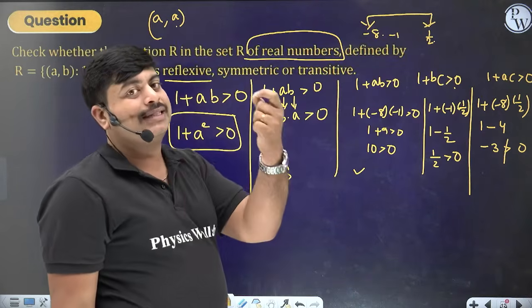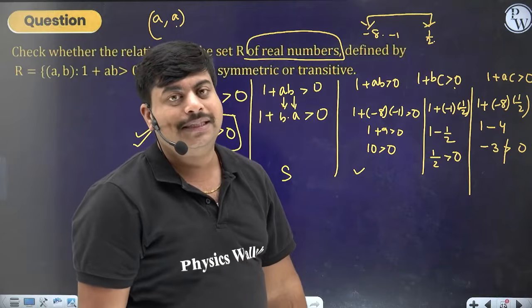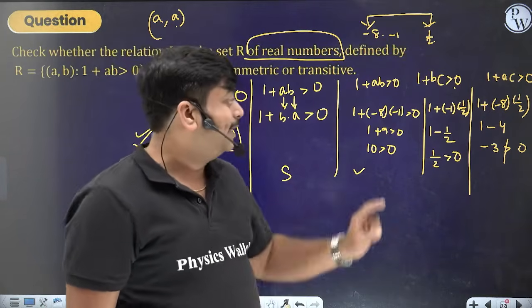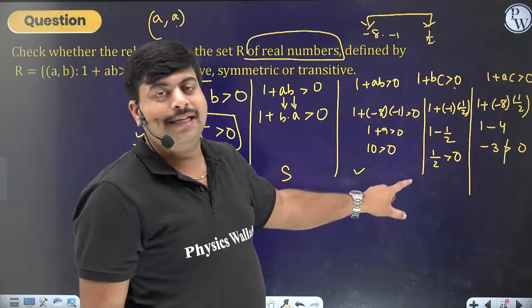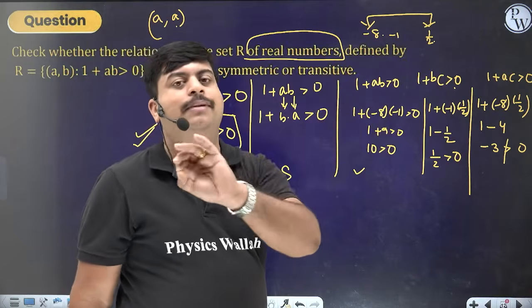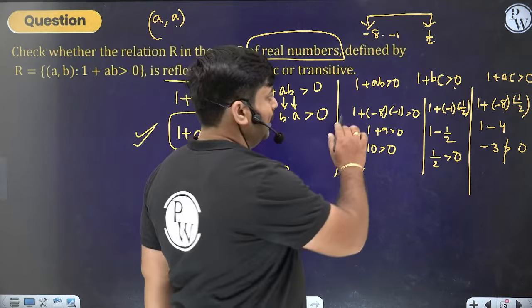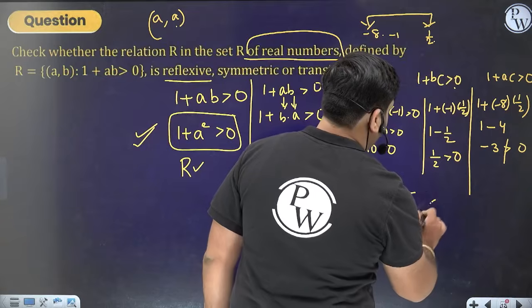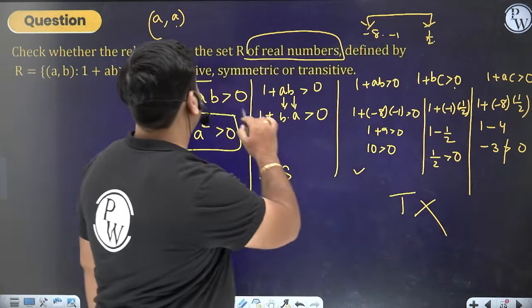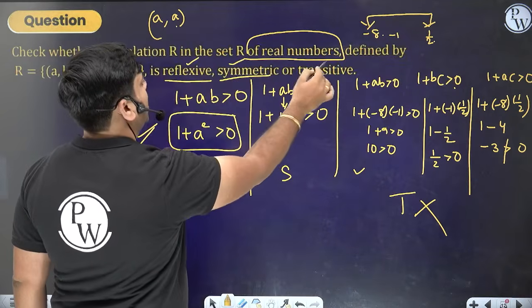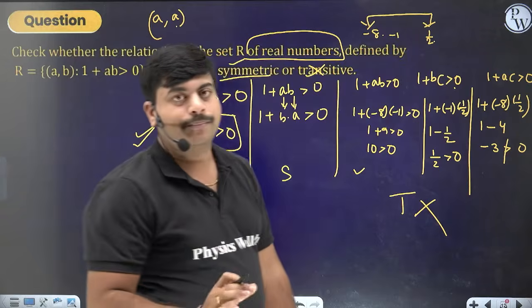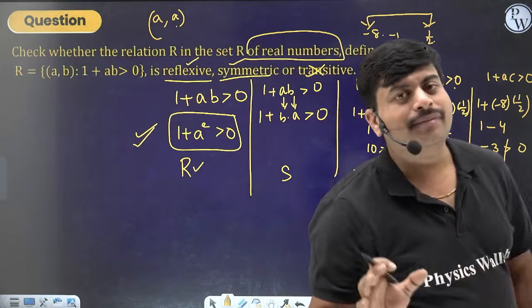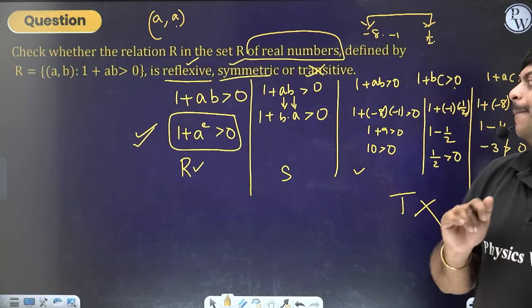You cannot take one example and say that it is always correct. But to say it is false, one simple example is enough. Okay, so this is not correct. So it is not transitive. So the answer is, it is reflexive, it is symmetric, but not transitive. Clear? Are you understanding this?